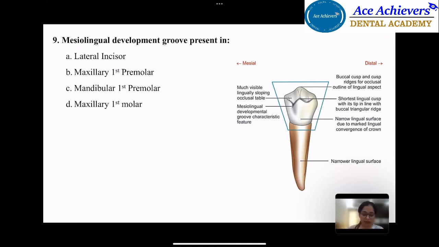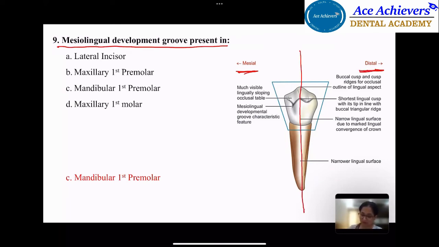So when we say the mesiolingual developmental groove is present in, the correct answer here will be the mandibular first premolar. As you can see in this picture, this is your mesial side and this is your distal side of the mandibular first premolar. This is your lingual, right?